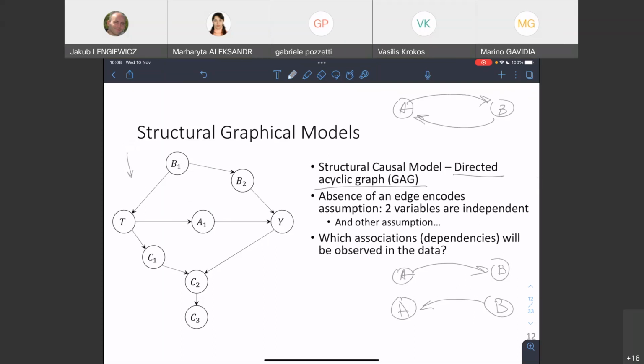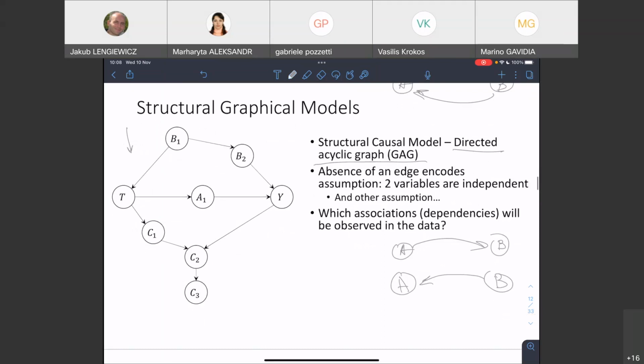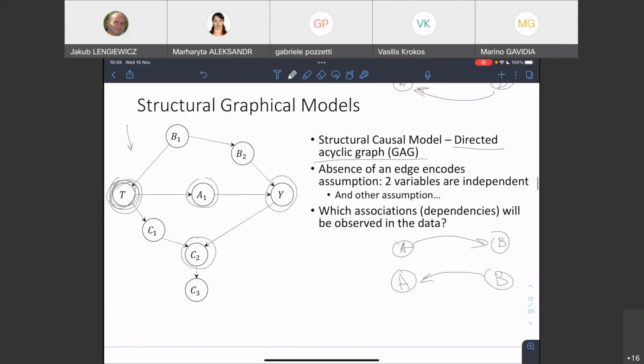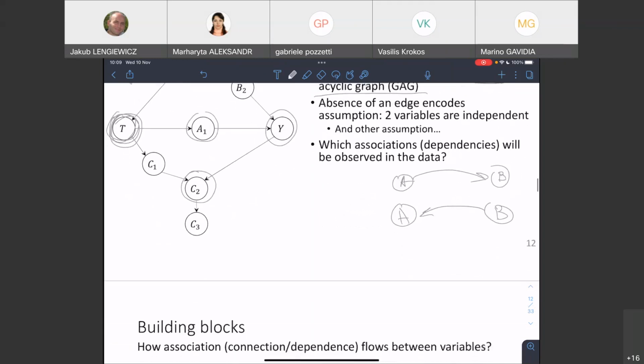If I have such a structure in the real world, in nature, and I can sample data from it, then will I observe any statistical association between two variables T and A, or between variable T and C2, or between variable T and Y, and so on? This is the question that we'll be discussing now. And later we'll see how it will be used in our causal questions.